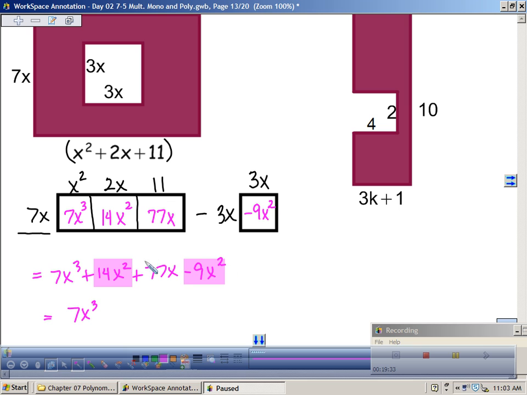I would do the squared first, right? In descending order. So 3, then 2, then 1. So what would I write for the x squared? Plus 5x squared plus 77x. Excellent. There's my answer. Questions?